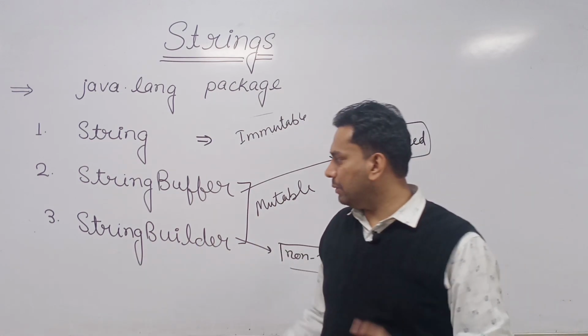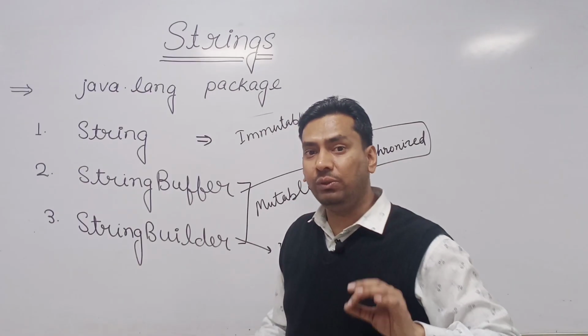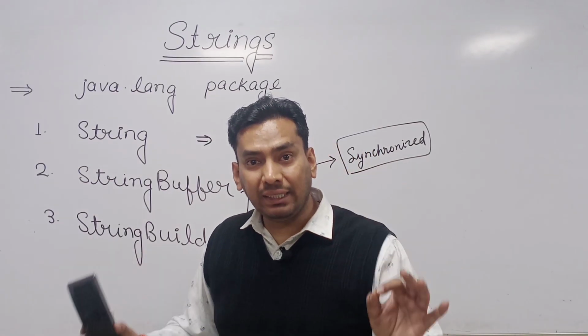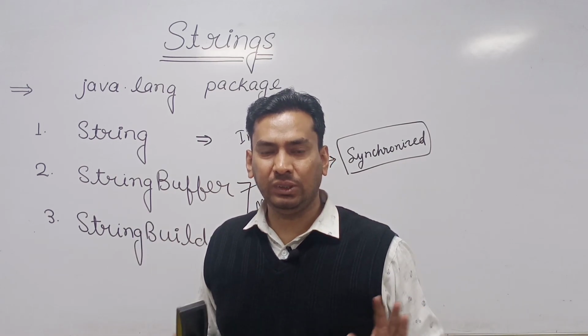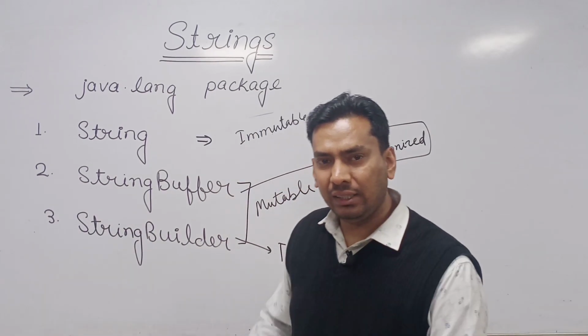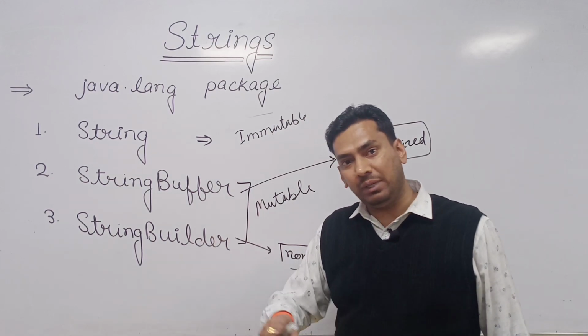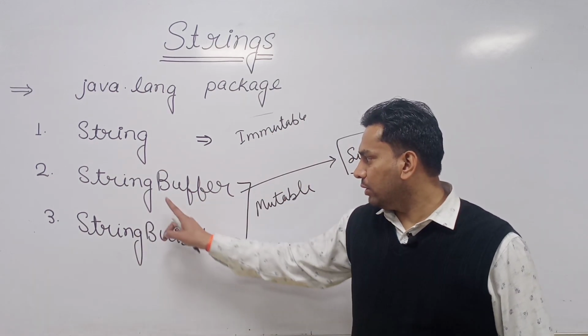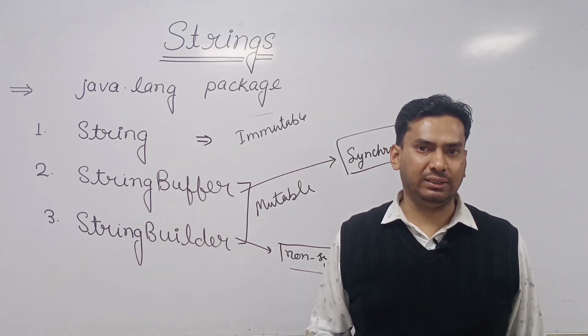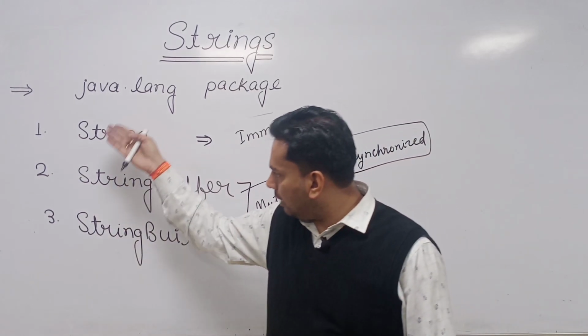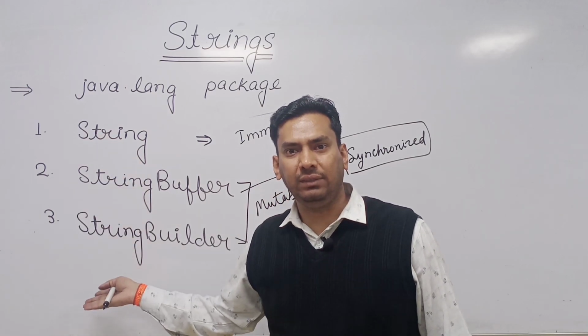Right? The StringBuilder must be used when you want to create a general purpose mutable string. With StringBuffer, you want mutable but you need synchronization also. If you want immutable, you will go for the String class. So this is the importance of these three different classes.